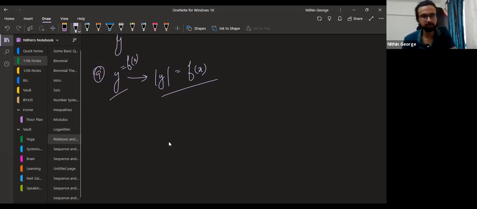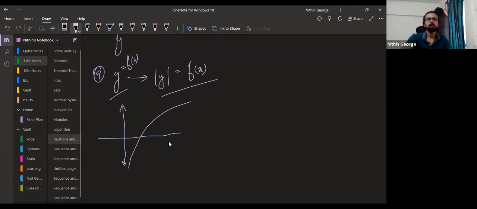What happens to the graph here? Suppose the graph went like this, y equal to log x. Mod y equal to log x. What will happen here? Guys, what will happen here?